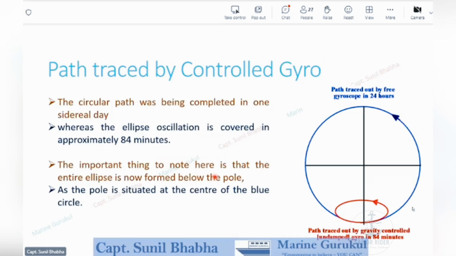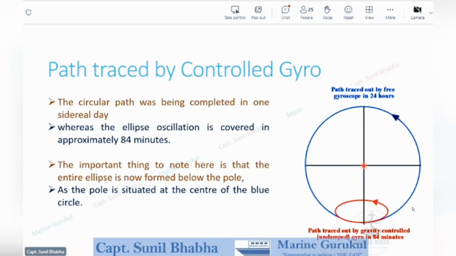The important thing to note here is that the entire ellipse is now formed below the pole, as the pole is situated at the center of the blue circle. Now, if you go back to the free gyro, you will remember that this blue color path which the free gyro was tracing was following the motion of the gyrostar, and this motion was centered at the pole. So at the center of this blue circle is the pole, where you have the vertical and horizontal line meeting.